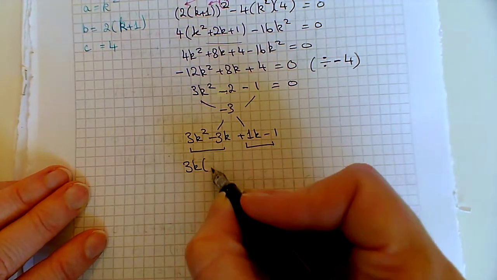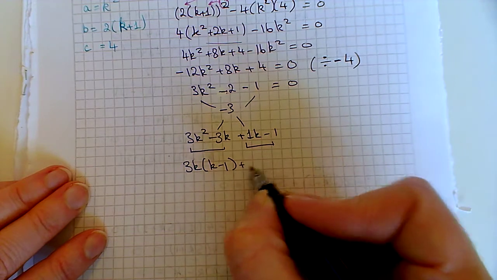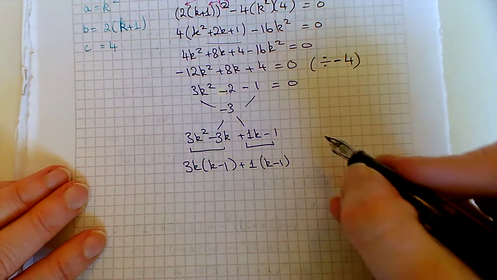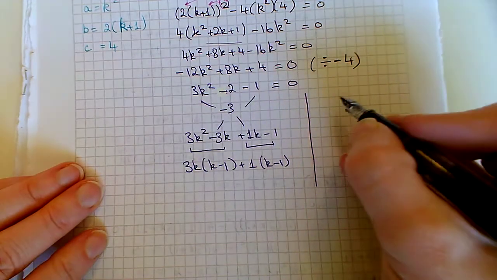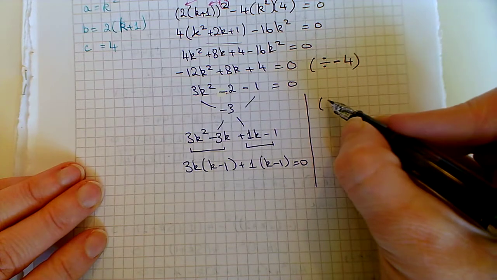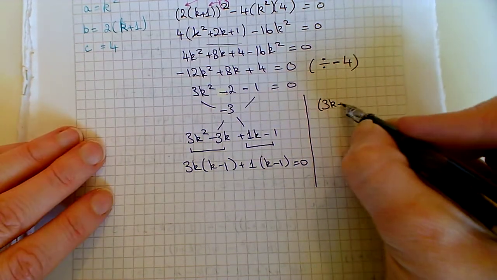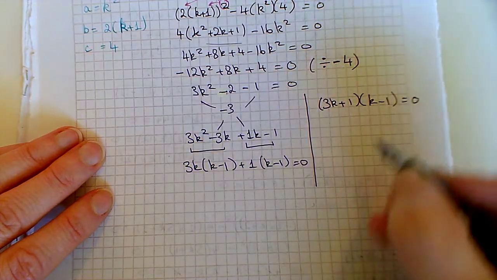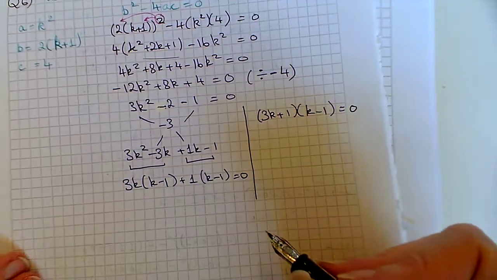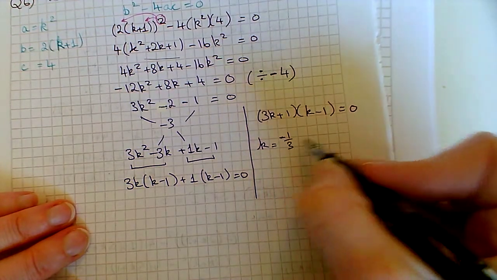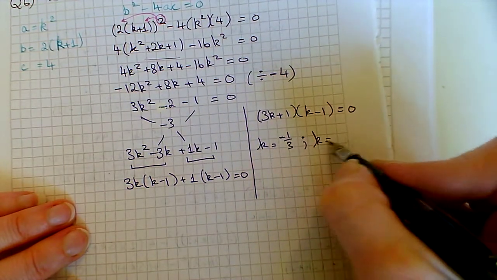So I have 3k by k minus 1 plus 1 by k minus 1, and that gives me that my factors are 3k plus 1 by k minus 1 equal to 0. If you wrote the brackets the other order, that's fine, it's still correct. So k is either equal to minus a third or k is equal to 1.